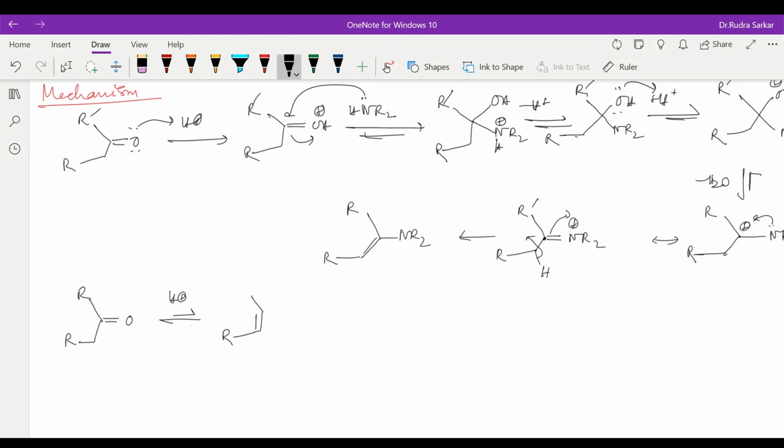Please note, that is how you make the enol. Now you place the secondary amine next to it and again just take out water. So instead of doing this long thing, you can easily arrive at the answer by using what I have shown you over here.